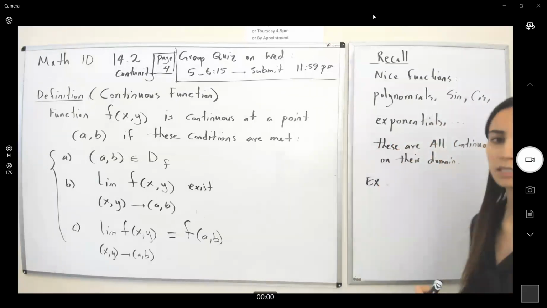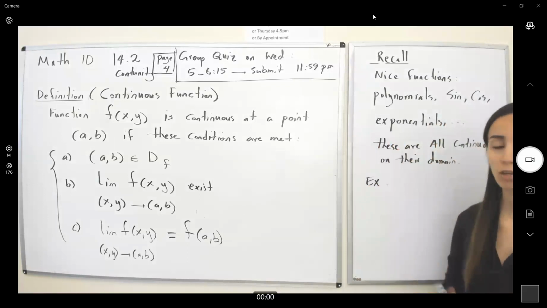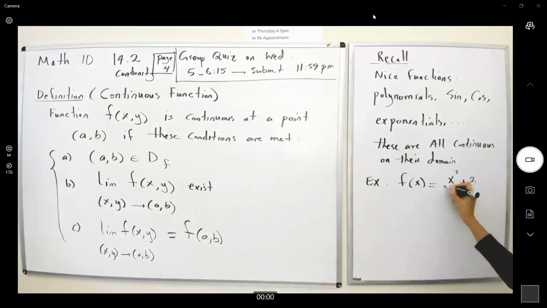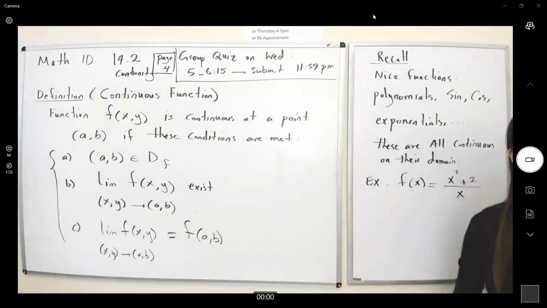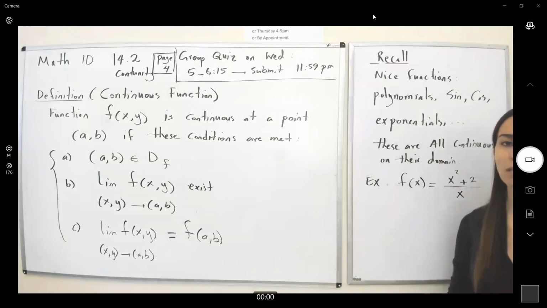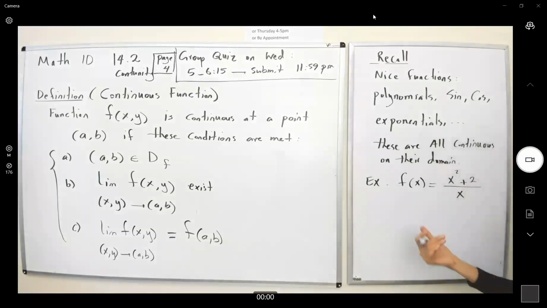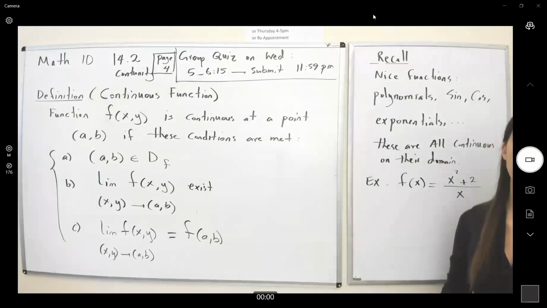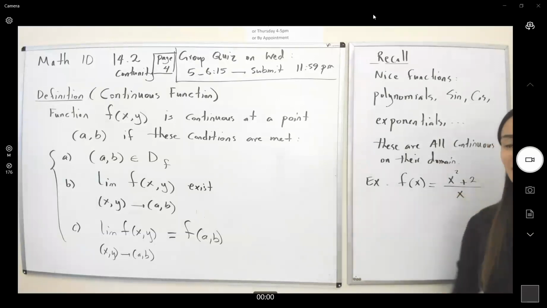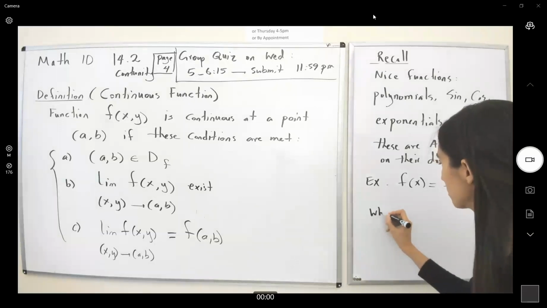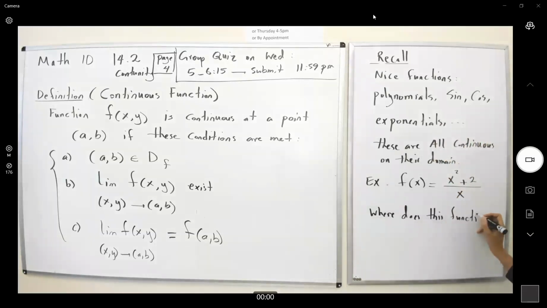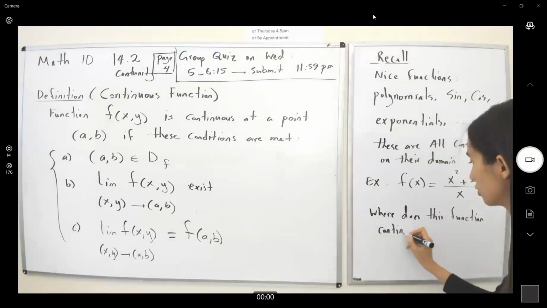So how about this function? Suppose you have a rational function, f of x is given as x squared plus 2 divided by x. If somebody asks you, hey, you took Math 1A, you know about elementary calculus, is this function continuous? If it's continuous, what is the set that the function is continuous on? So, where is this function continuous?